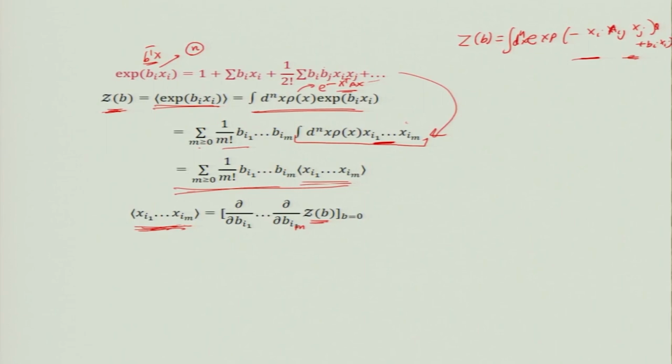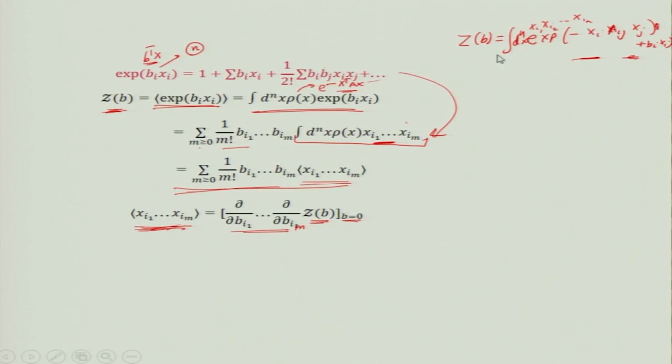So, each time my xi1, xi2, xi3 will come out and will sit here, xi1, xi2, xim. Okay. So, that is what we would like, and that is what I have here, and we set b equal to 0. So, then I will get the expectation value of x. Okay. Now, I need to connect it to the 2-point correlation, the product of 2-point correlations.